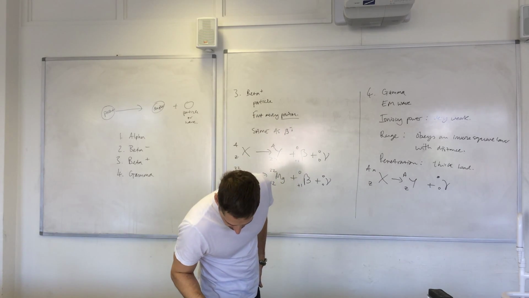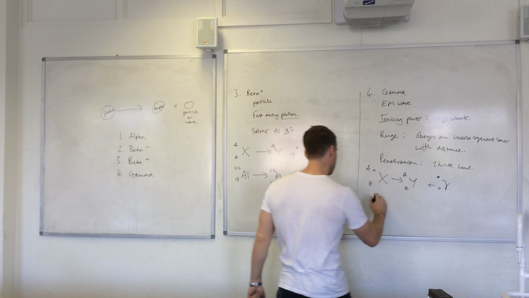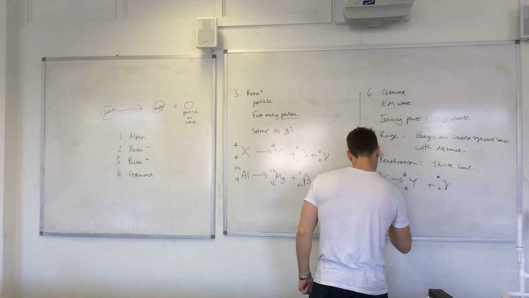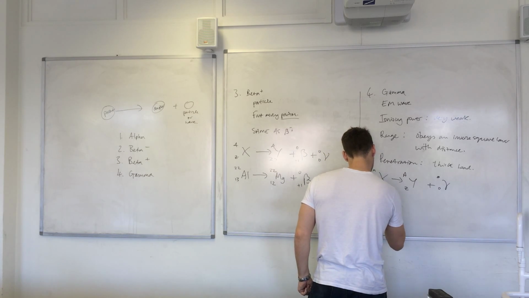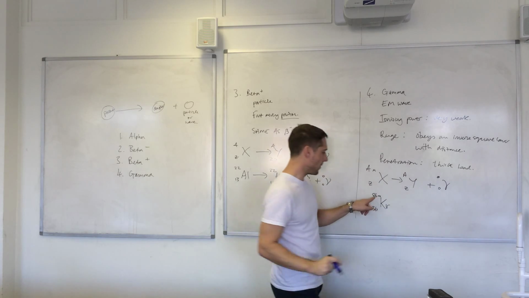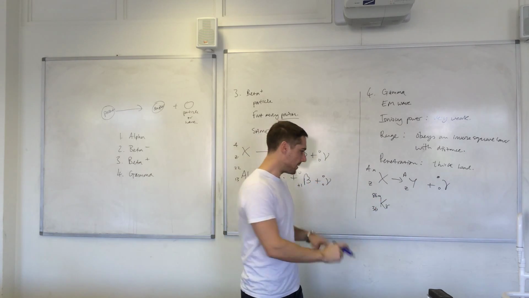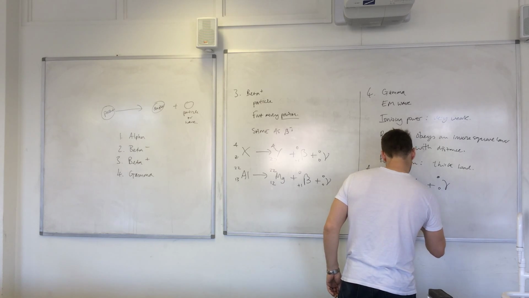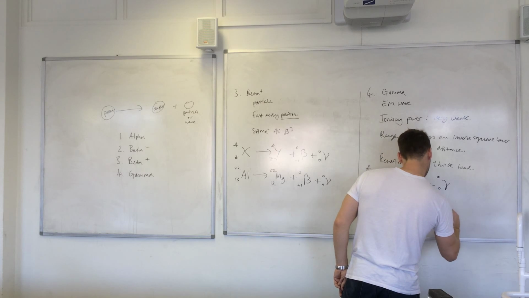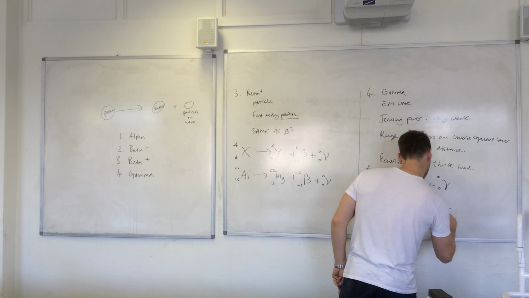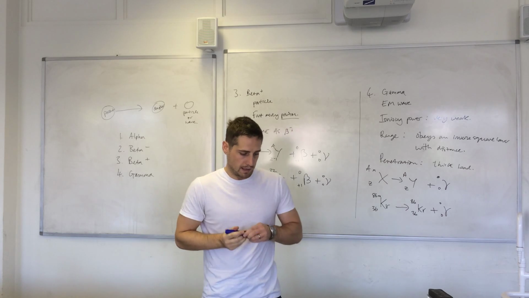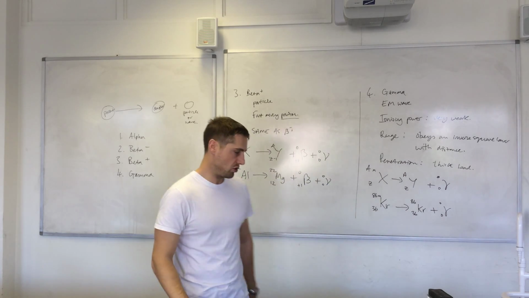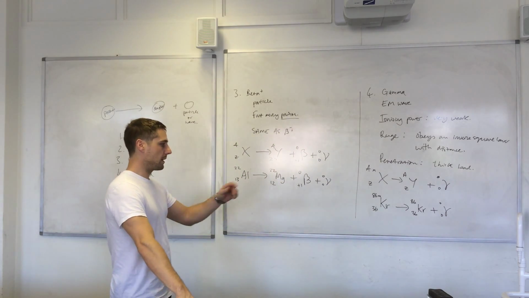I'm going to use krypton here, which is 86, 36. So 86M, the M indicating it's got too much energy, and that decays into krypton. There we go, and that is the decay equation for the gamma.